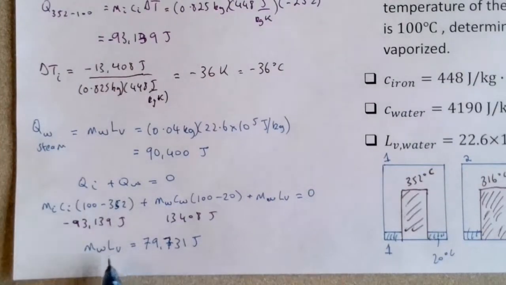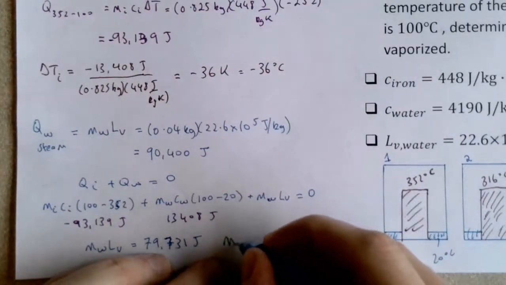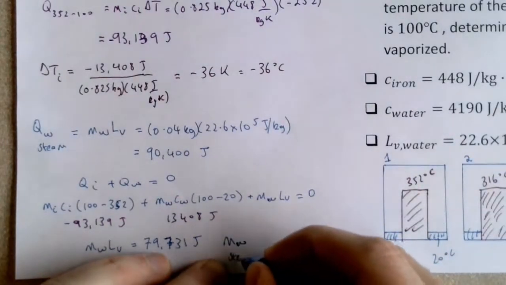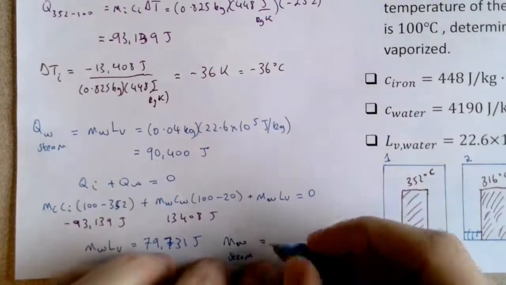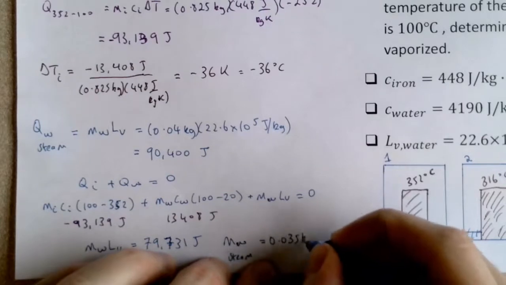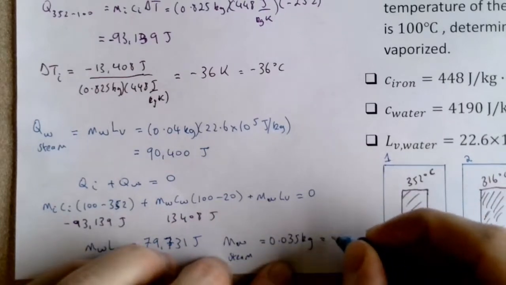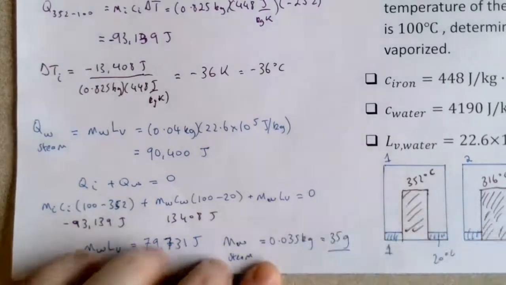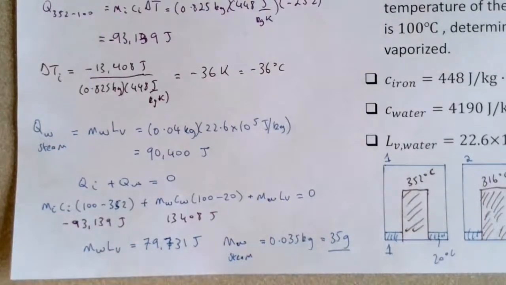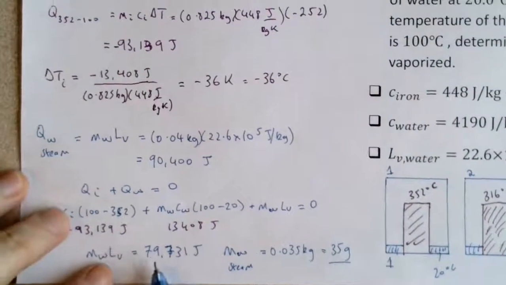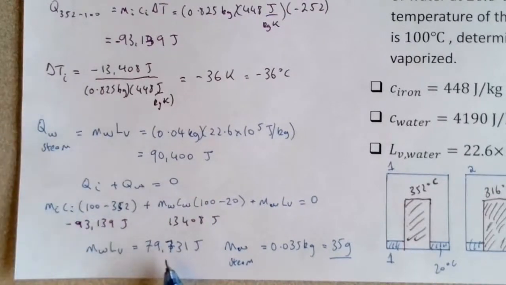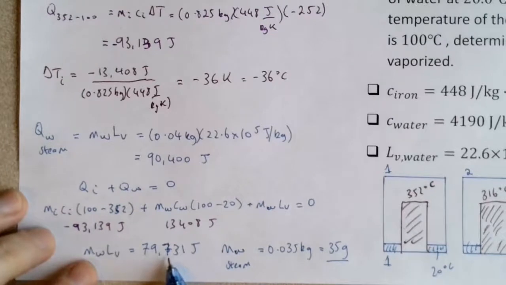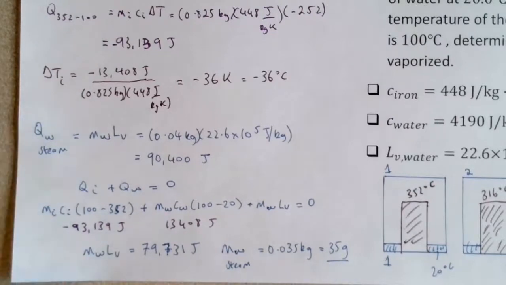So to find the mass, you just divide that number by the latent heat of vaporization, and the mass of the water as steam or vaporized is 0.035 kgs, which is almost all of the water, which is 35 grams. So because to convert all of the water to steam is 90,000, we have almost 80,000 joules to remove from the iron block. We convert almost all of the water to steam.